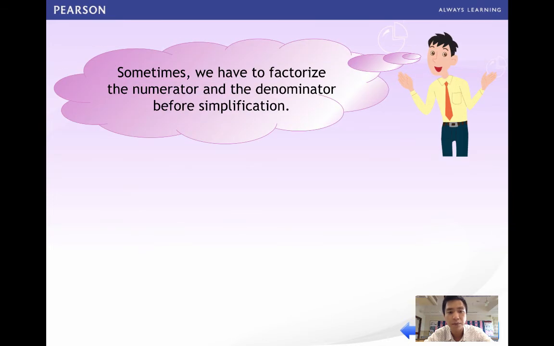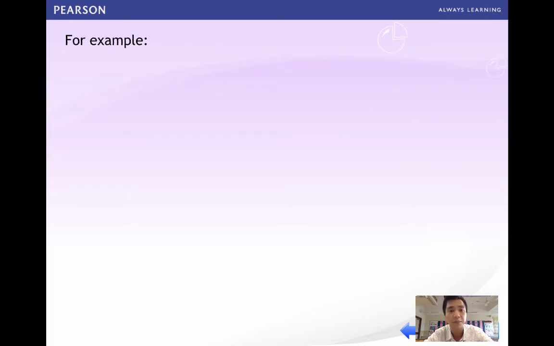And sometimes we have to factorize the numerator and the denominator before the simplification. What does it mean? Let's look at this example. 4 over the sum of 2x and 2y. For this kind of question, we have to factorize the denominator.